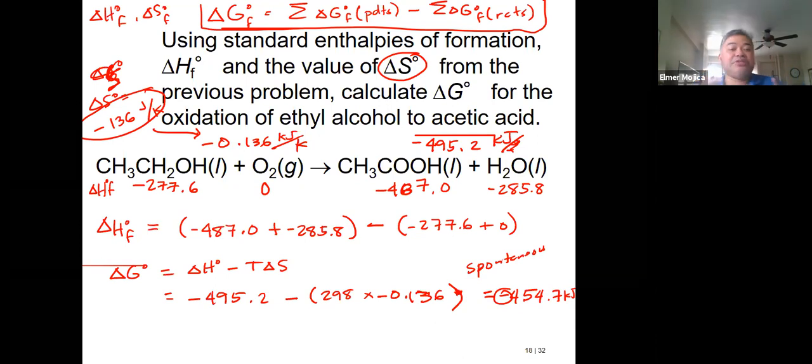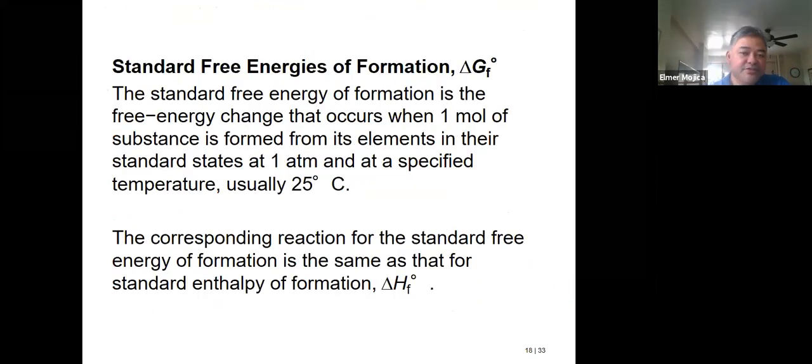So those are the things you can get from this calculation. The standard free energy of formation is most likely close to what? The enthalpy. Because the delta S doesn't have zero value. The only time the delta S is zero is at 0 Kelvin.